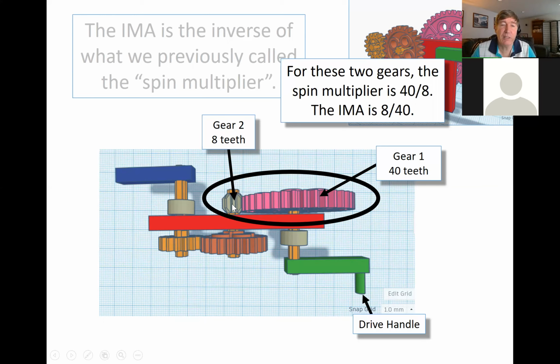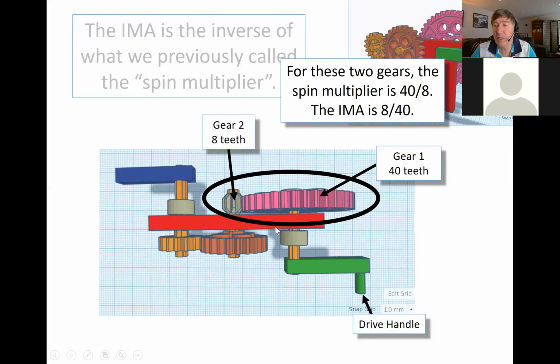If the small gear spins 5 times for every 1 time that the big gear spins, that means the torque on this second shaft is going to be 1/5 of the torque on the original shaft. So if the spin multiplier is bigger than 1, that means the force multiplier, or in this case the torque multiplier, is going to be less than 1.